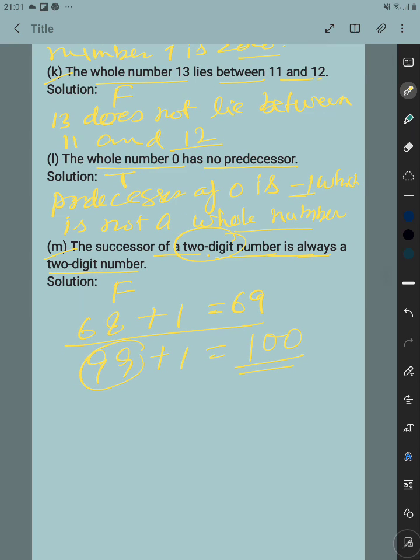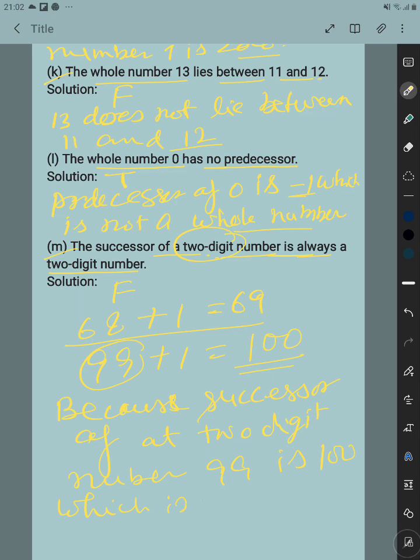You will write: the successor of the 2-digit number 99 is 100, which is a 3-digit number. It is not a 2-digit number, and the statement said it will always be 2-digit. So this is false.